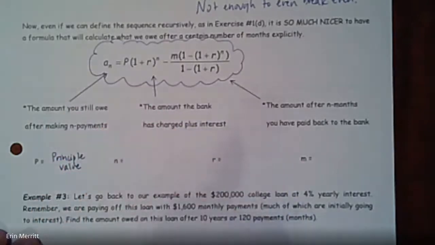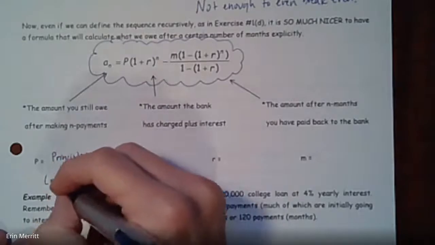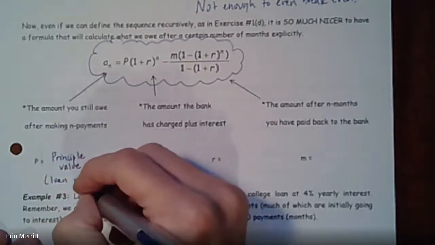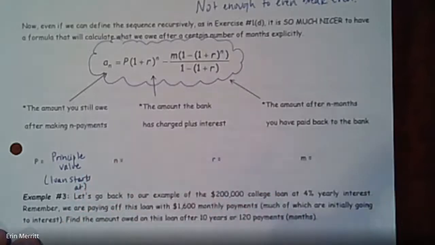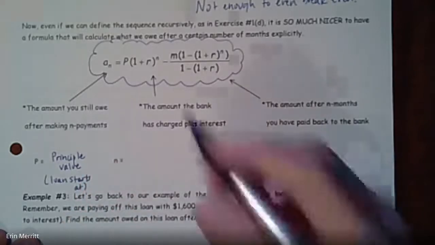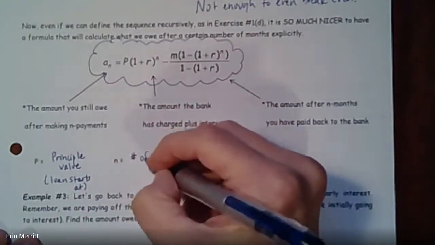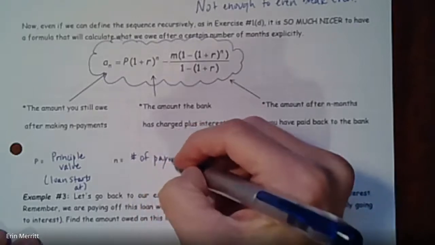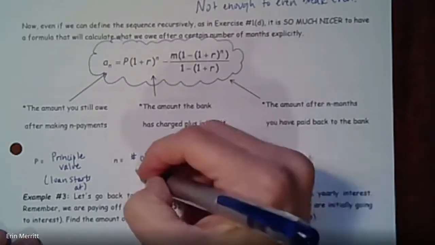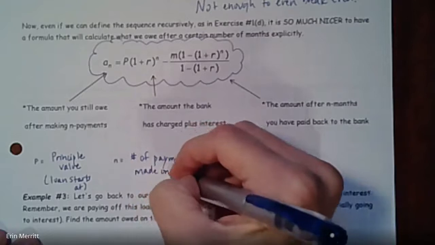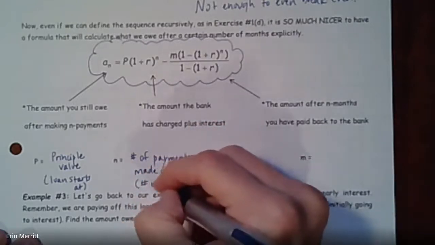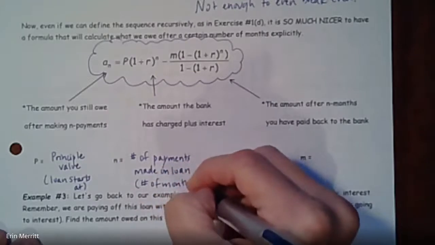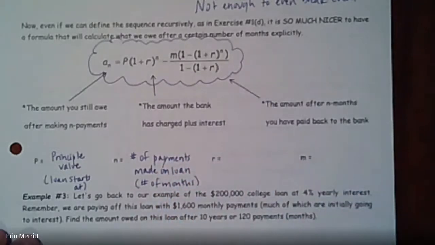That's the amount the loan starts at. N is the number of payments made on the loan, which essentially means the number of months, because almost every question we do will just be a monthly payment.